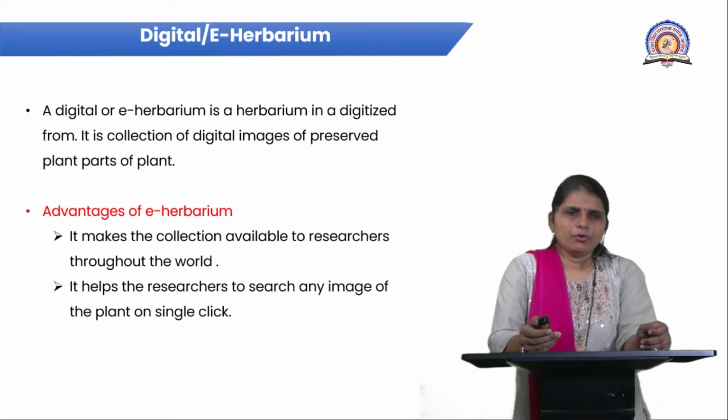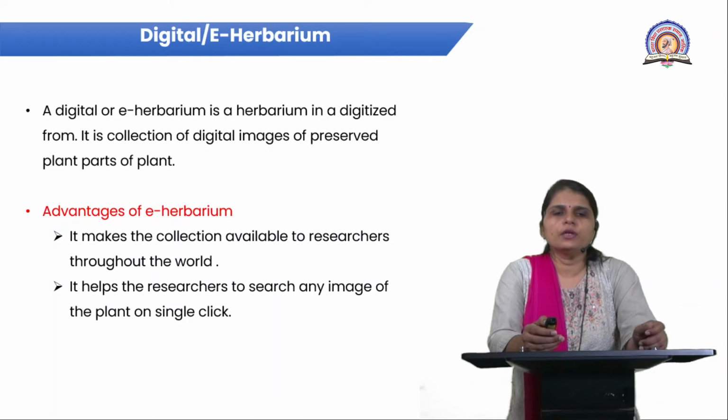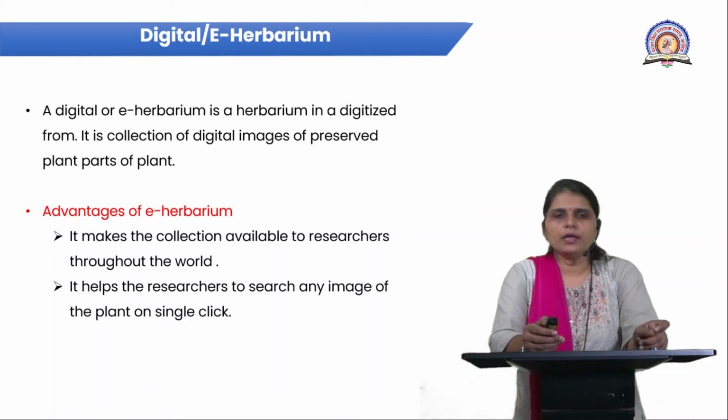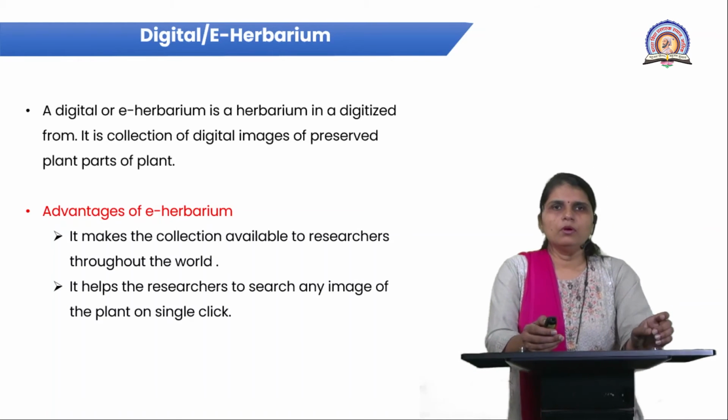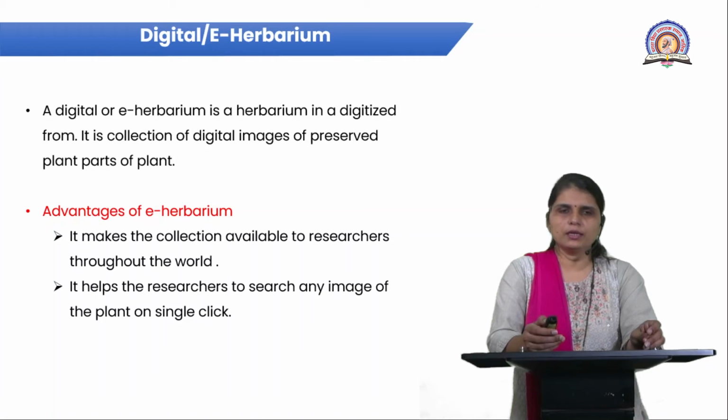in a pandemic or in our life. The advantage of the e-herbarium is that it makes the collection available to researchers throughout the world. The most important advantage is that the collection is available to researchers throughout the world. Then it helps the researcher to search any image of a plant with a single click.